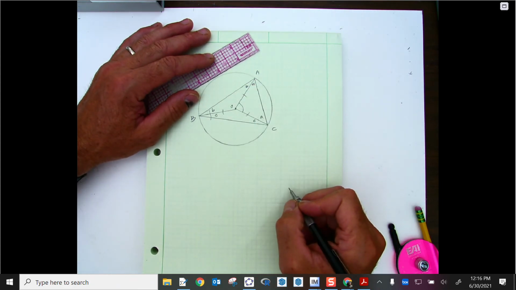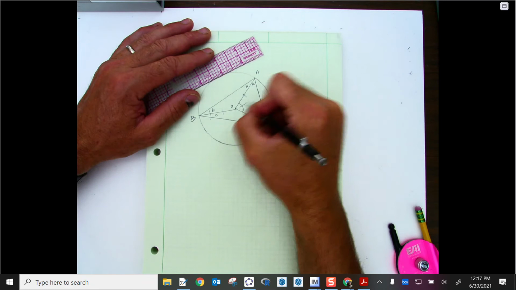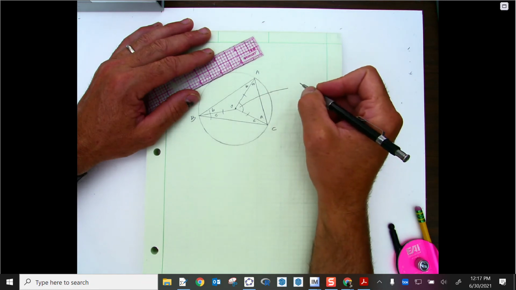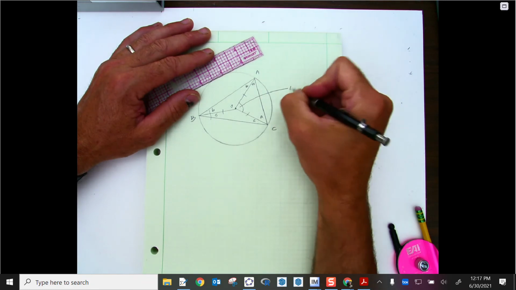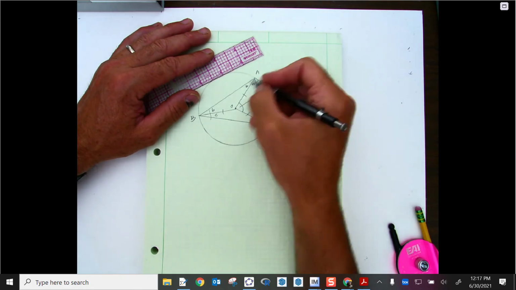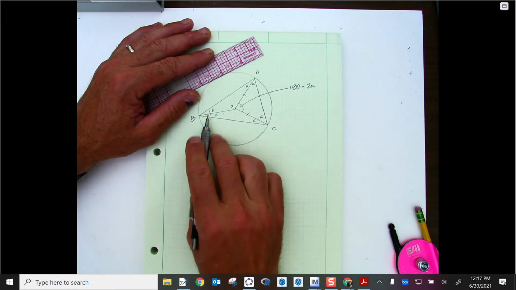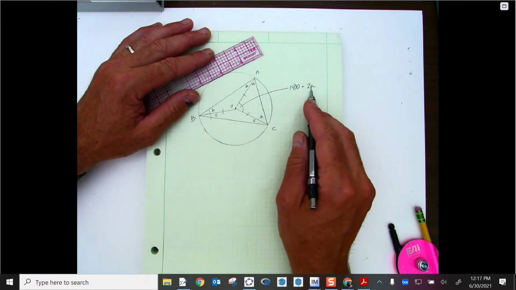And now I'm starting to see there are some interesting things going on here. I know that this angle right here, the one that I'm after, is going to be 180 minus 2A's, right? Do you see that? Because this triangle has a 180-degree sum. So if I can show that B plus C is half of 180 minus 2A, then I'm done, right?